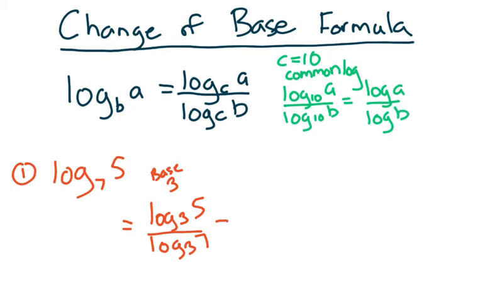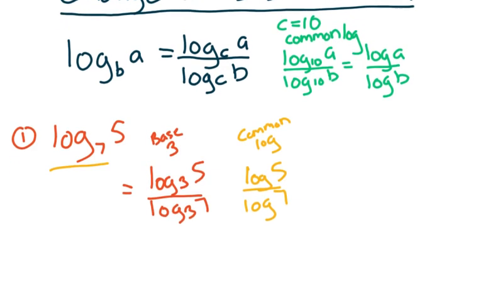So what we could do is stick this in our calculator. If I wanted to rewrite using our common log, which would be base 10, I could rewrite my original problem as the log of 5 divided by log of 7.